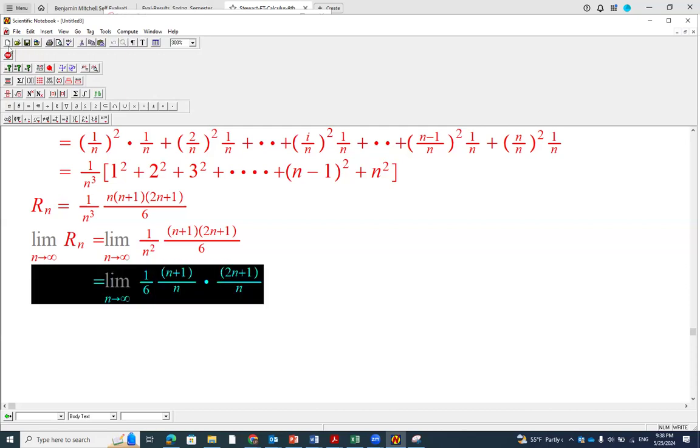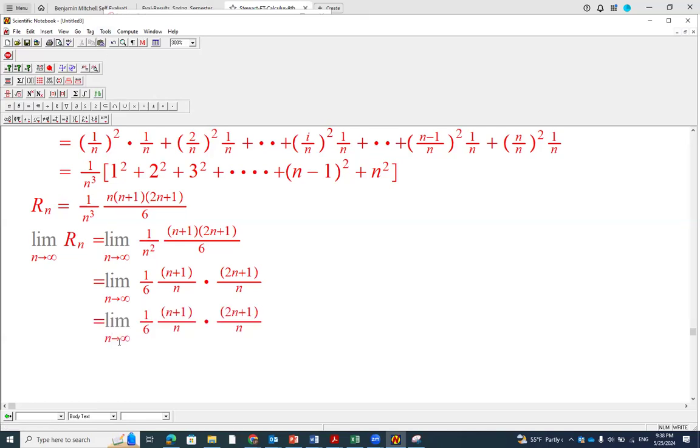Once again, one more split, one more simplification. This part is turned into 1 plus 1 over n, and the next one is turned into 2 plus 1 over n.